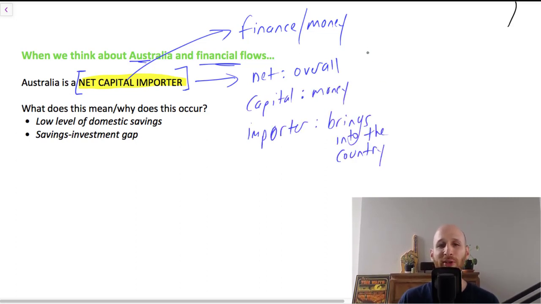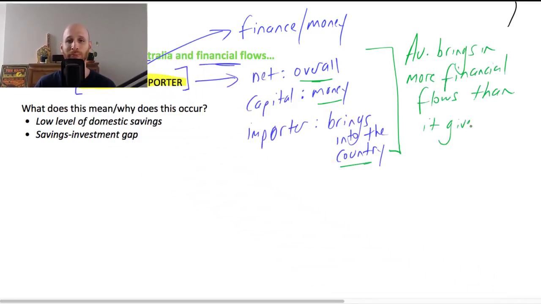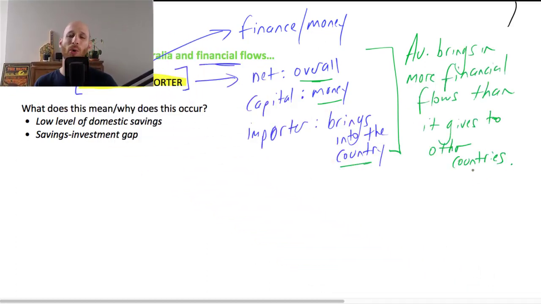If we separate these terms out, net means overall. Capital, as I mentioned before, is money. And importer means bringing it into the country. So what we mean with net capital importer is that Australia brings in more financial flows than it gives to other countries.